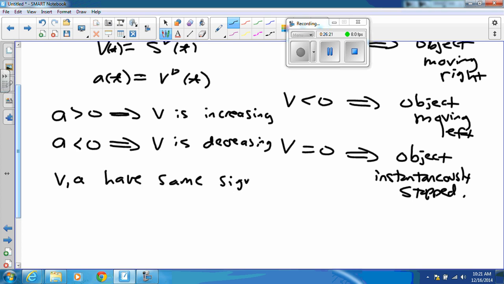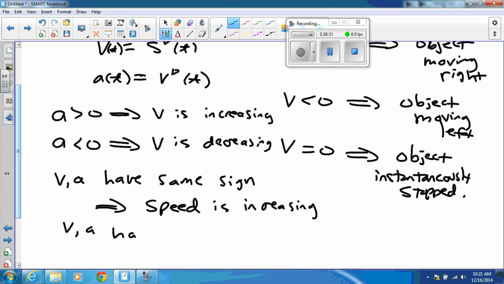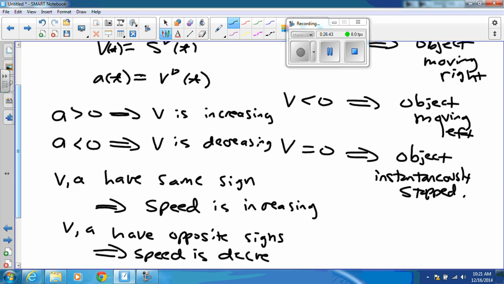If velocity and acceleration have the same sign, then speed is increasing. If velocity and acceleration have opposite signs, then speed is decreasing.